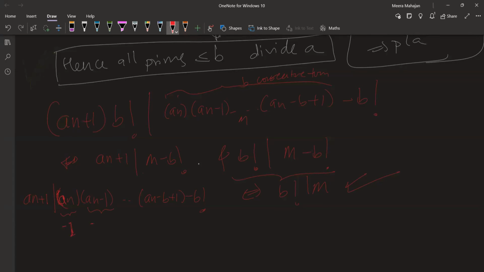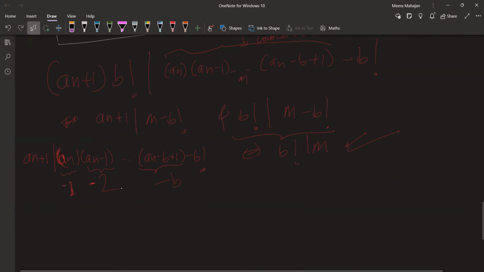Yes. What is an minus 1? Minus 2. And this is minus b. And hence an plus 1 divides minus 1 to the power b factorial minus b factorial. Minus 1, minus 2, all up to minus b multiplied to get this. So what does this imply?